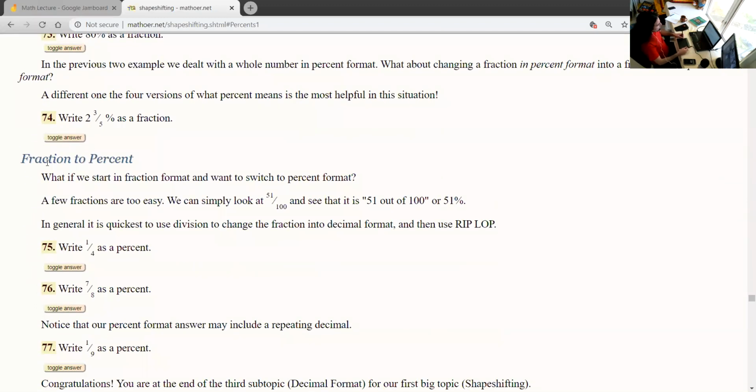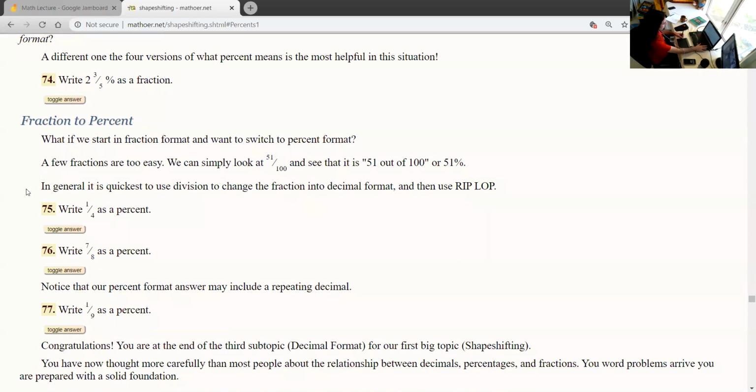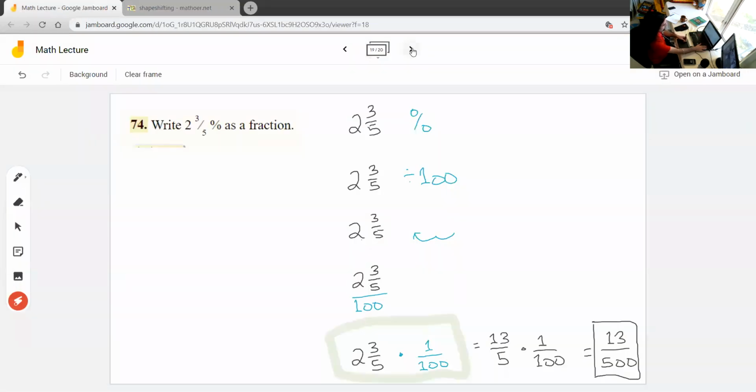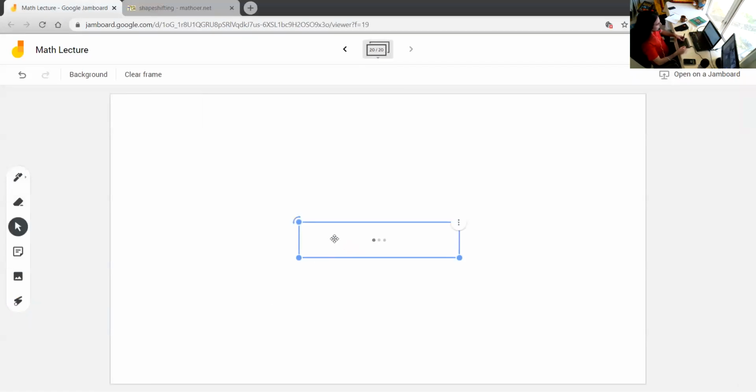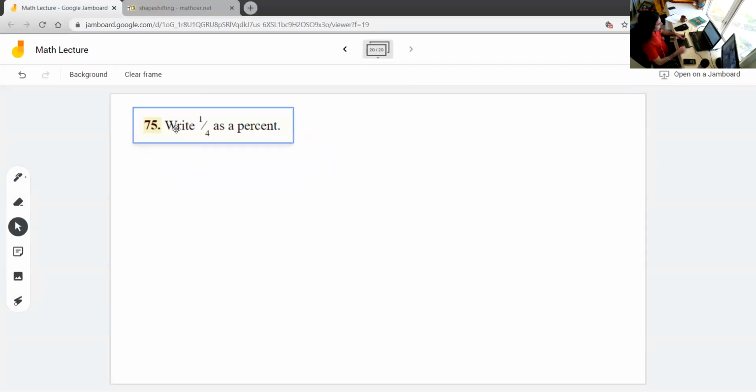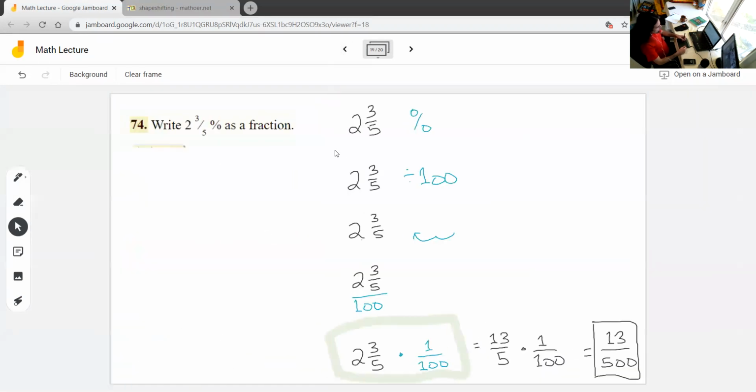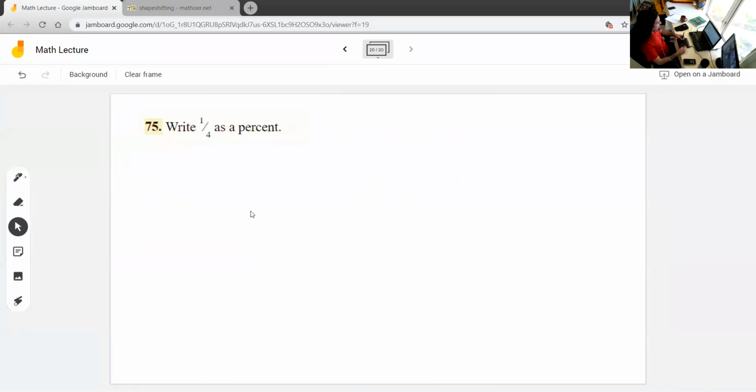Okay, last, we've done everything now except fraction to percent. And now I'm going to kind of betray you: for the last several cases, we've looked at all the different ways that we can replace percent with something, and we figured out which was the lazy person's way to do this. But now I'm not going to do that again.